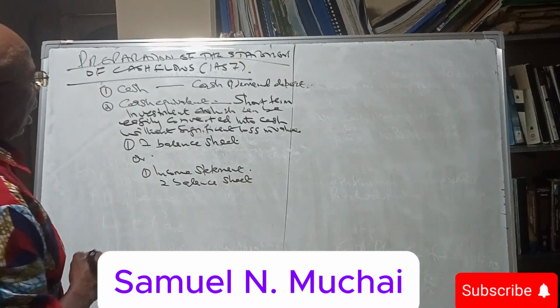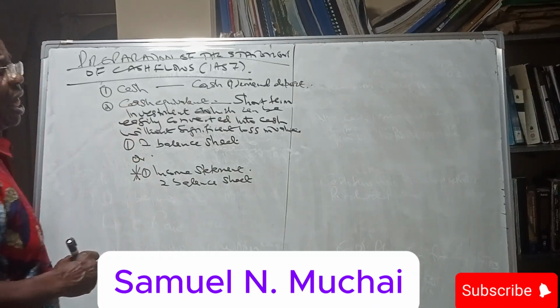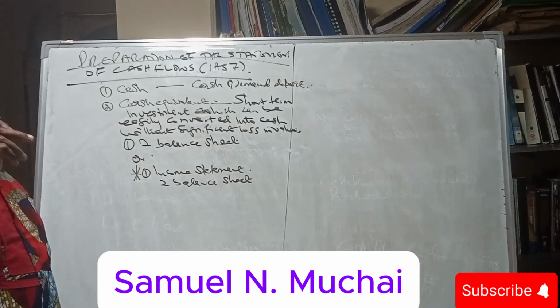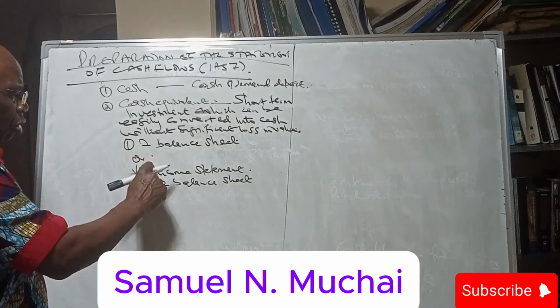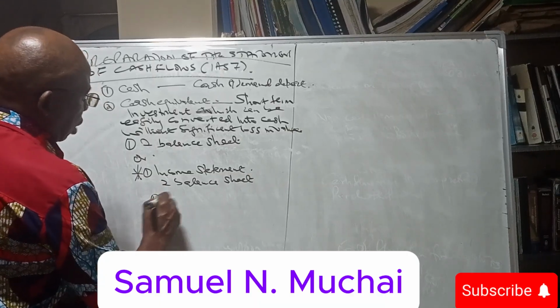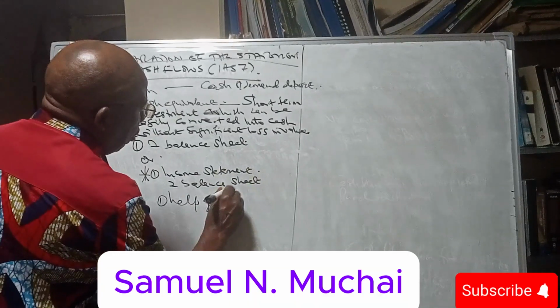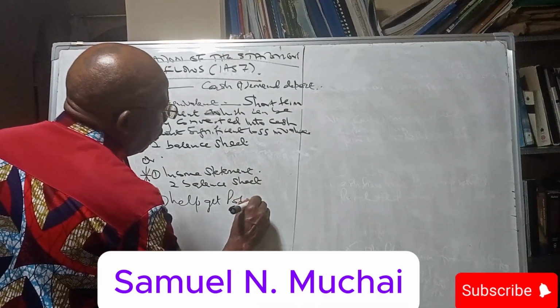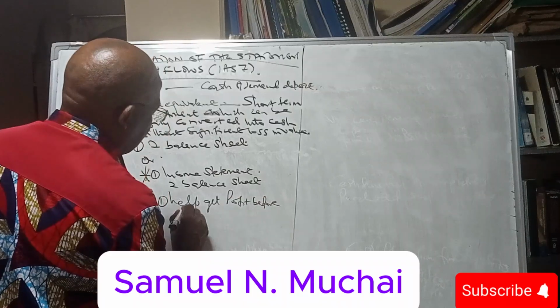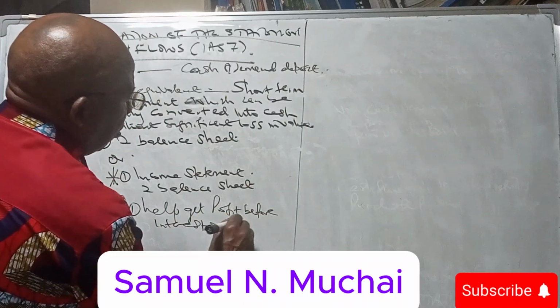Now, I like telling students, anytime you find yourself with the income statement, there are things you're being told to do there. Number one, it may help you get profit before interest and taxes.